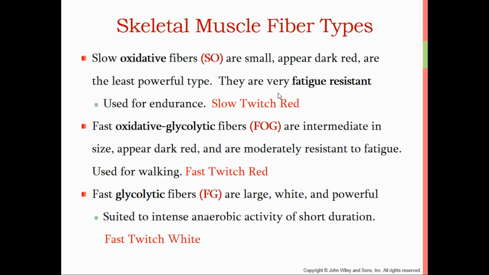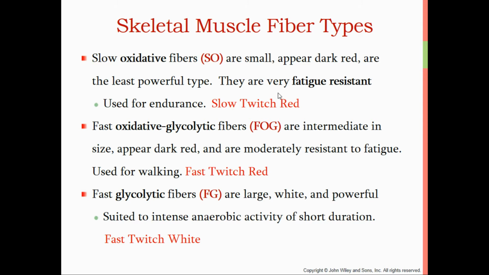They are intermediate in size, meaning they're not as small as slow oxidative, but they're smaller than the fast glycolytic fibers, as we're going to talk about in a minute. They appear dark red. They are moderately resistant to fatigue, used for walking. They are called fast twitch red, and they're kind of the best of both worlds.